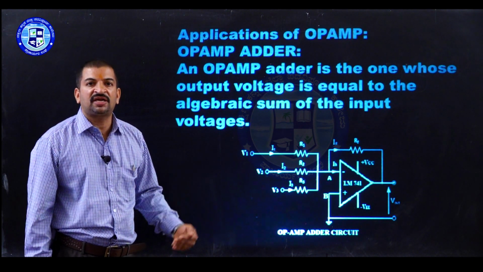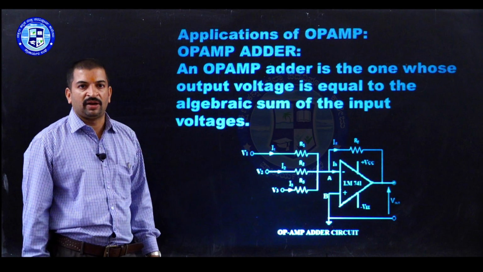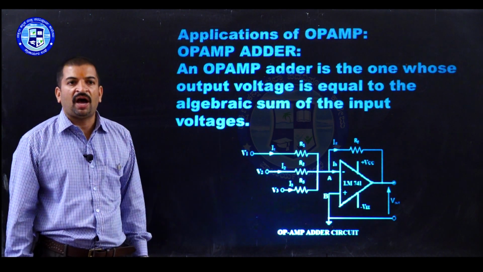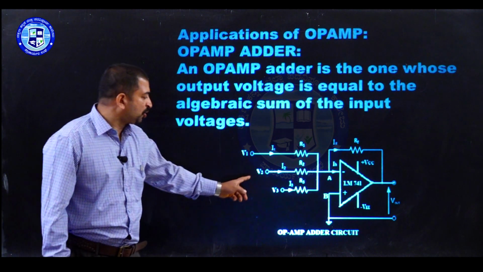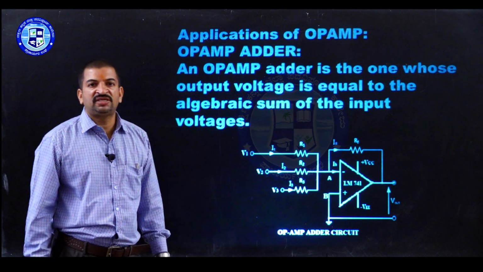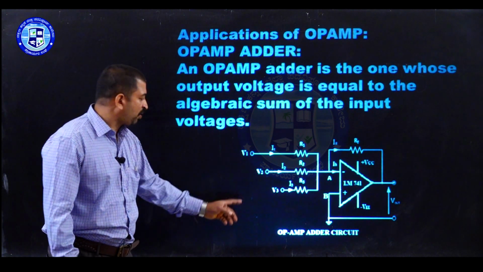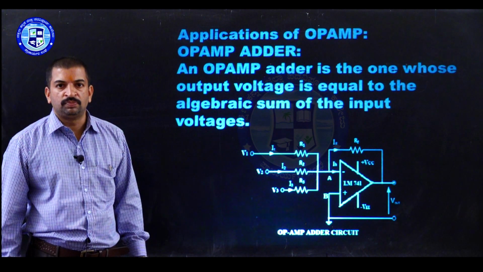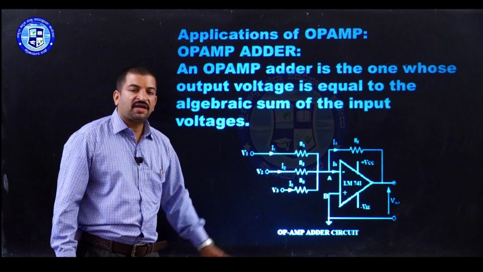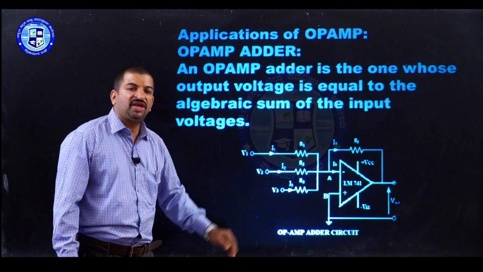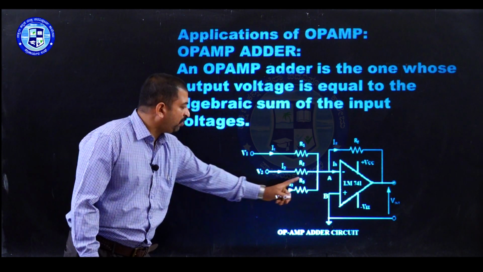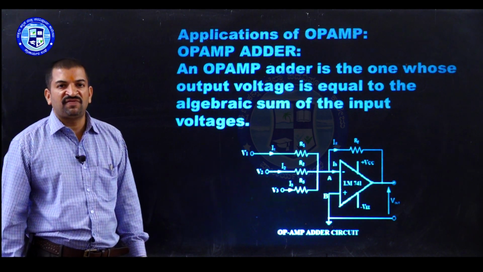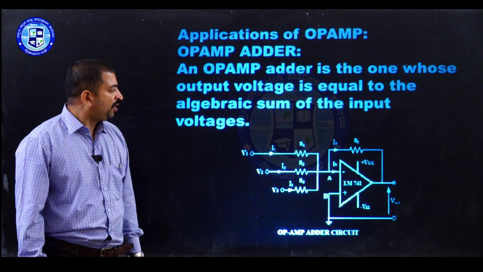So, I1 is given by V1 minus VA divided by R1. I2, the current flowing through R2, is given by V2 minus VA divided by R2. Similarly, I3, the current flowing through R3, can be written as V3 minus VA divided by R3.